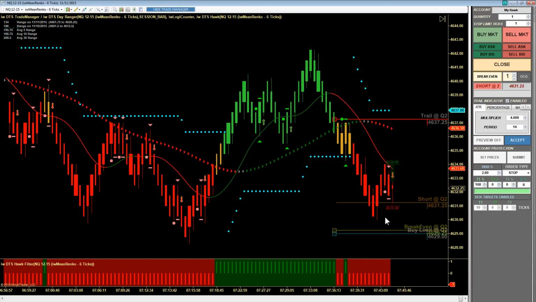And it looks like they slipped me a tick on the entry too, scoundrels. This low right here at 46.30, very significant. If we can press through there, we're home free.